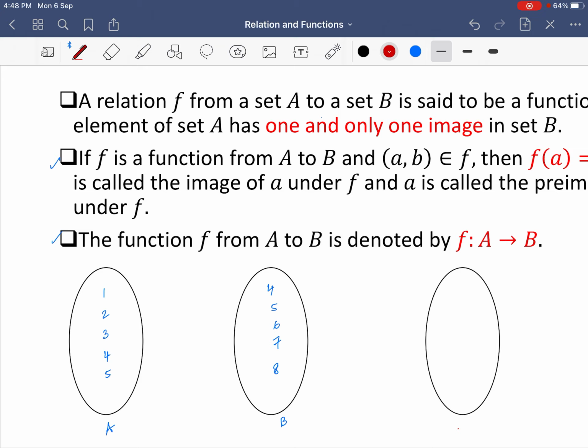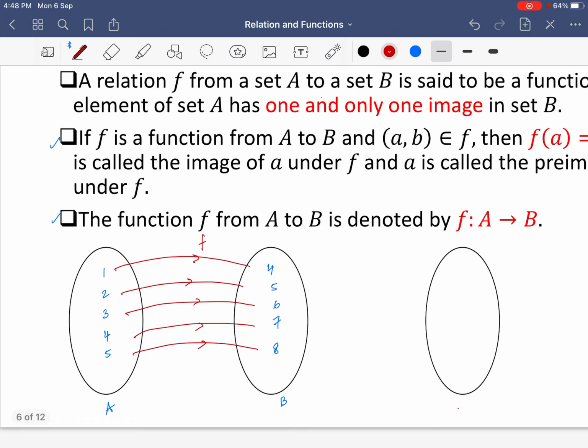If I do a mapping, 1 with 4, 2 with 5, 3 with 6, 4 with 7 and 5 with 8, you see every element in A has one and only one image, that is 4 5 6 7 8 respectively. So this type of relation will be known as a function, and you have to write an f at the head of that. So this is a function.